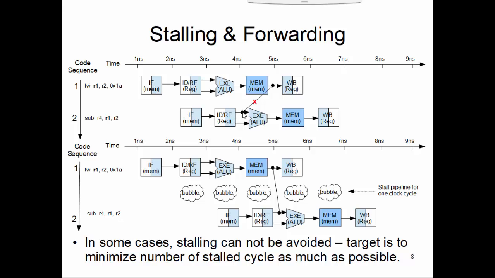So in this case, data forwarding is not possible. It's absurd: your updated data is available only at 5 nanoseconds, but you are trying to use it at 4 nanoseconds. Physically, that's not possible.